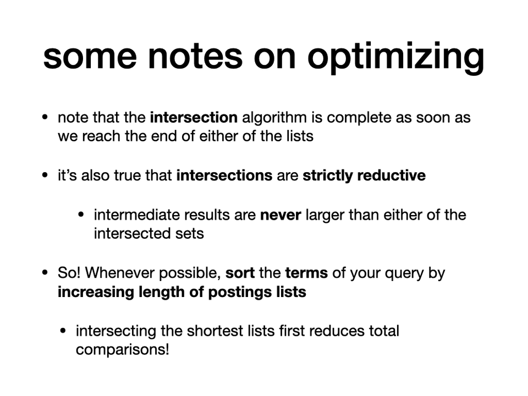So how might we want to sort our AND operations? Well, intersections are strictly reductive. So the intermediate results can never be larger than either of the intersected lists. The maximum is that both lists contain the exact same list of documents, so you end up with the exact same list. It's always shortening them.